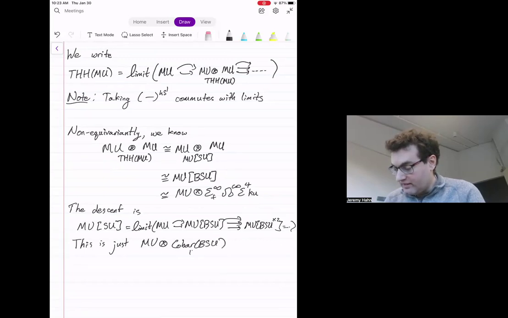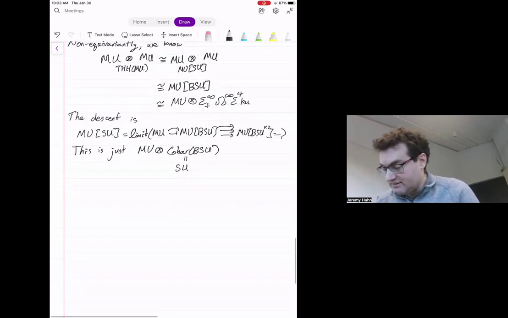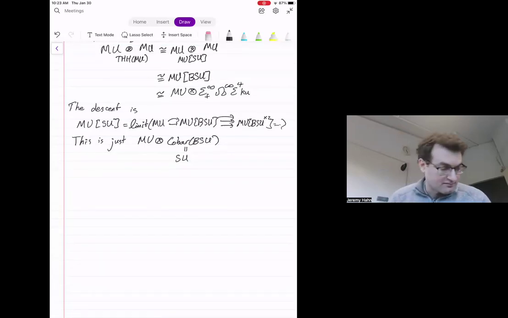So if I take cobar of BSU, I get SU, because bar of SU is BSU, and this is bar-cobar duality. Okay, so I hope that's not too bad.